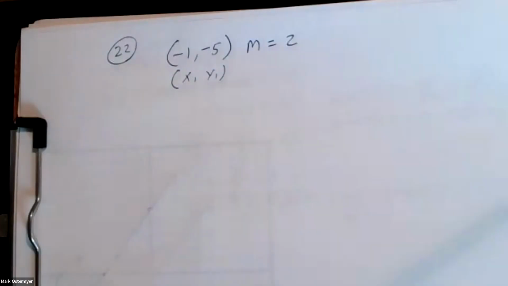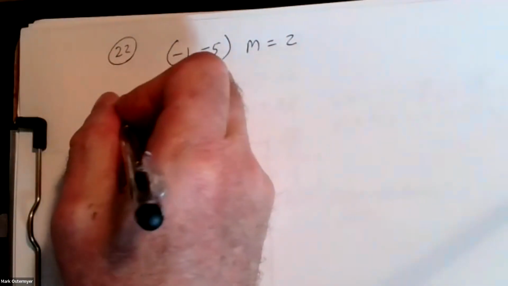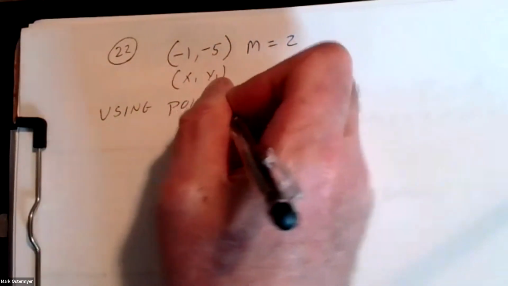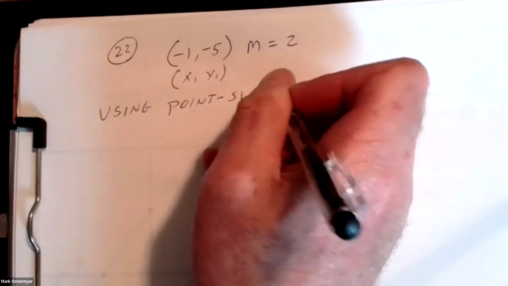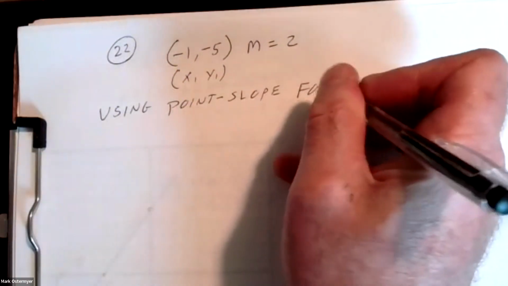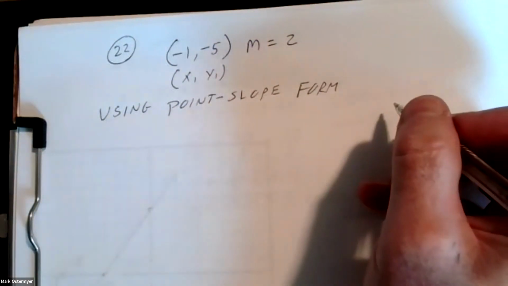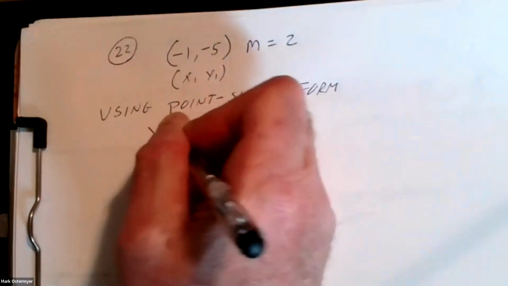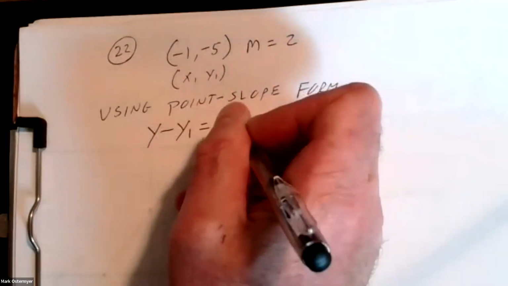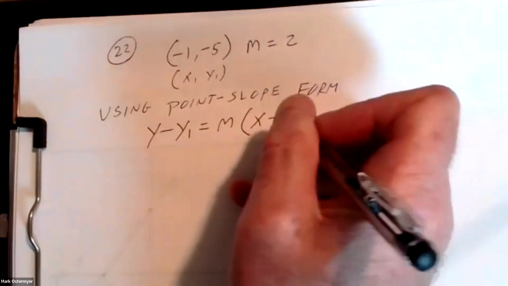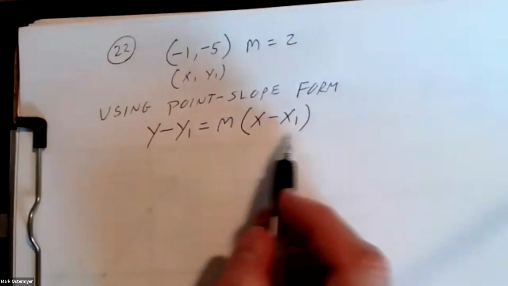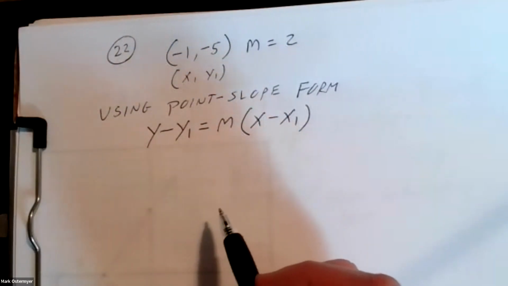They give us the slope of the line. And we are going to use what is called the point slope form to derive the equation of this line. And what is the point slope form for a linear equation? That's going to be y minus y1 is equal to your slope m times x minus x1. That's called point slope form for a linear equation.